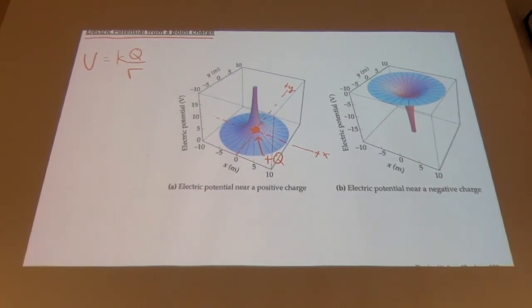If I get farther and farther away from the charge, the potential is going to drop and it gets really weak. So this is a way of visualizing what the potential looks like. It's positive and big near a positive charge, it gets smaller as you get farther away, but it's positive everywhere in the region of space around it.